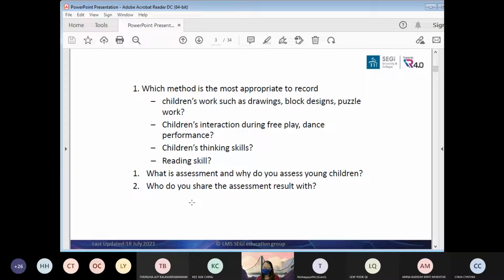You can share with the parents. Parents are more concerned than you because you're observing their child, right? There's a reason, remember, there's a rationale that you're observing the child. So after getting the reason, you want to see how you can help the child. So you have planned, I'm going to help the child to improve speaking. Maybe he cannot speak yet. How?